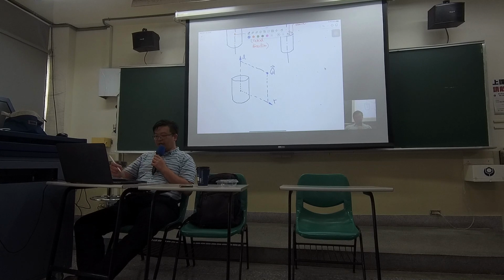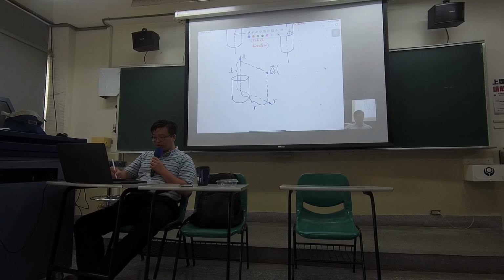So in this case, I have some value R here and some value L here. Okay, so you can say the relationship between the obstacle and the cylinder could be described by this RL coordinate.